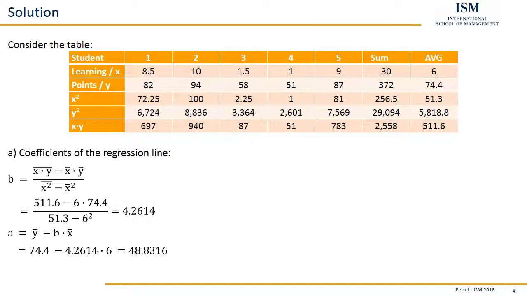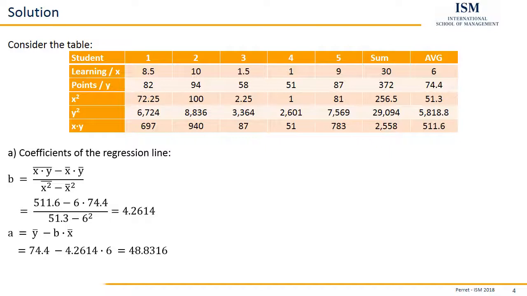And then for each hour he spends more learning, he will get an additional 4.26 points, so 4 to 4.5 points. In this case it makes sense to interpret both the slope and the intercept.